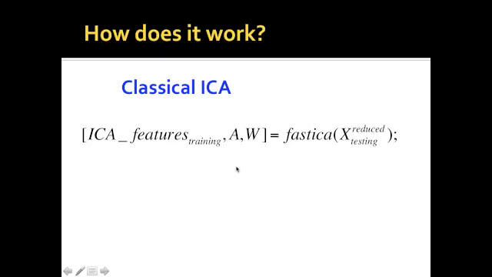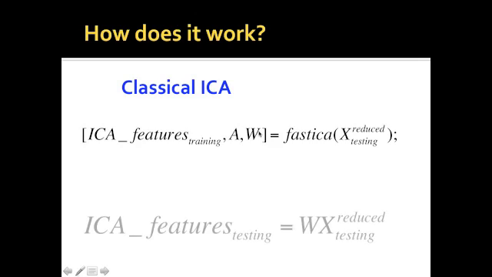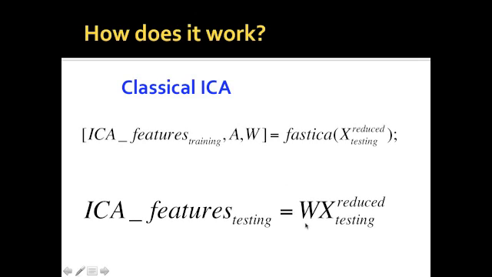And ICA features are achieved by the classical FastICA algorithm, and we also get the mixing matrix and demixing matrix. And we use this demixing matrix here to project the testing images on the subspace and get the ICA features for testing.